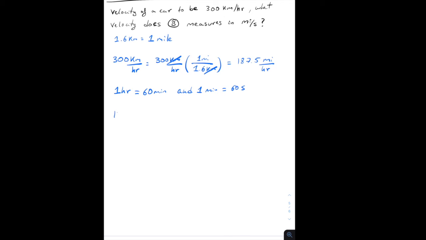Now we can write 187.5 miles per hour equals 187.5 miles per hour, and now we need to multiply by our conversion factor or our ratio.